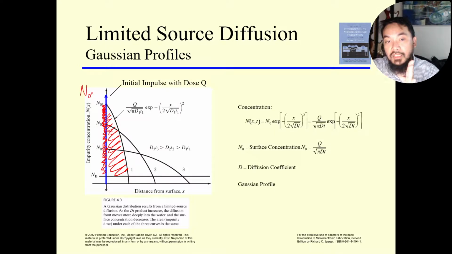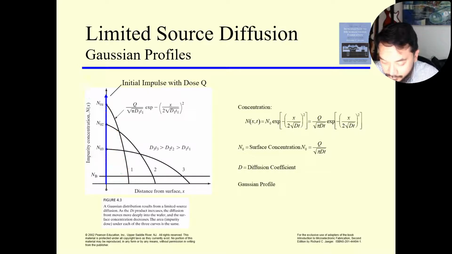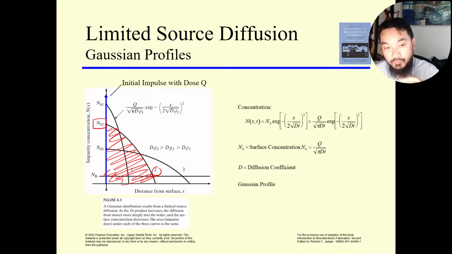So after 1 hour, you can see this is the profile. After 2 hours, you can see that now most of the impurity atoms have diffused in this region, and the concentration of impurity atoms on the surface of the wafer also drops. Again, it drops because some of the impurity atoms have diffused.